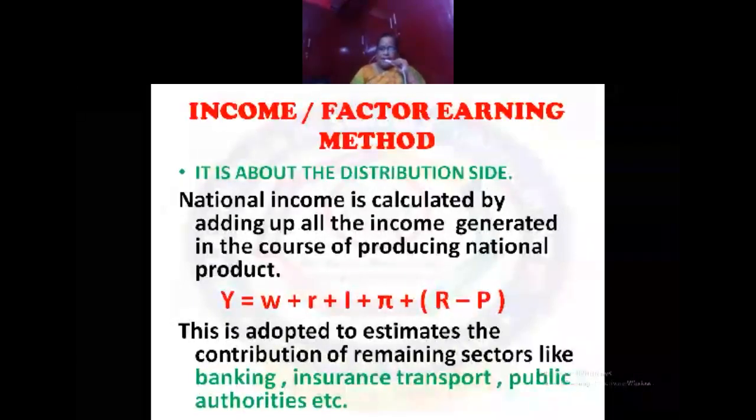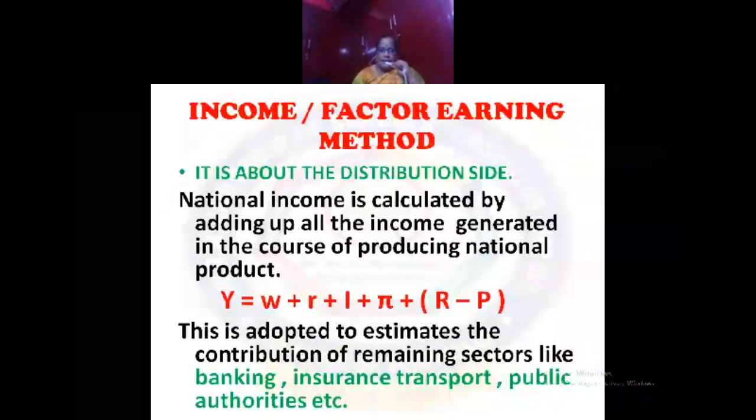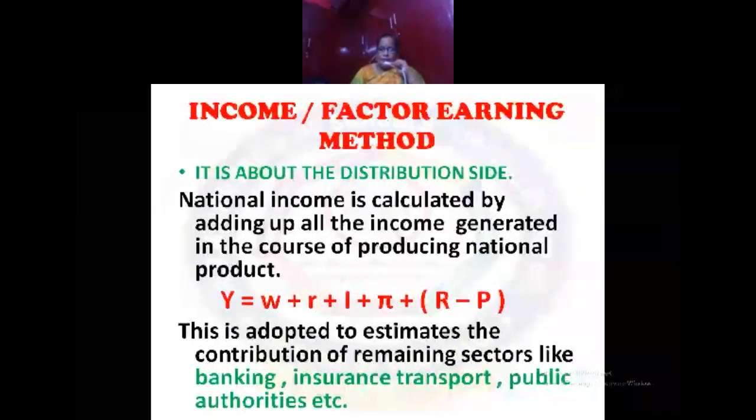Number one, the enterprises are classified into various industrial groups. In that, factor incomes are grouped under labor income, capital income, and mixed income. What is meant by labor income?